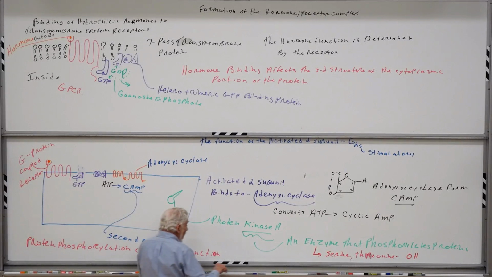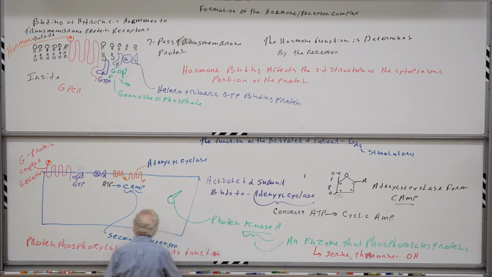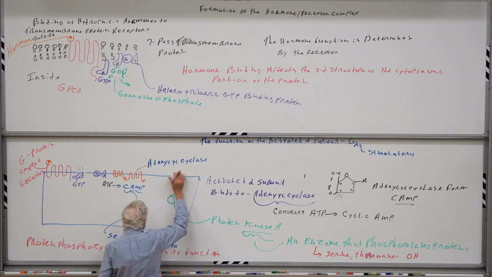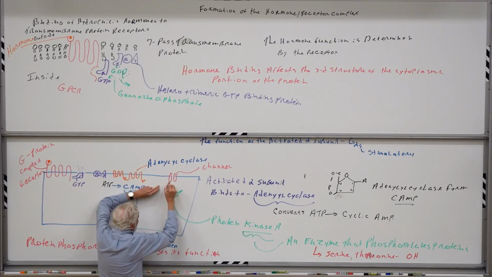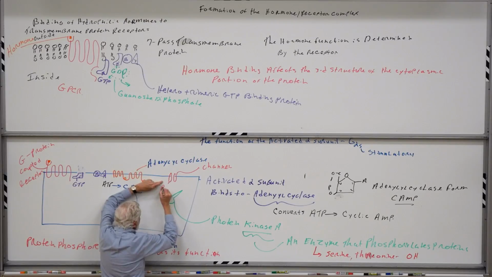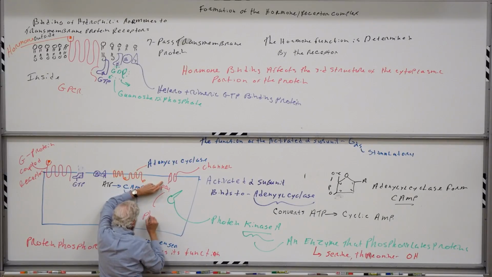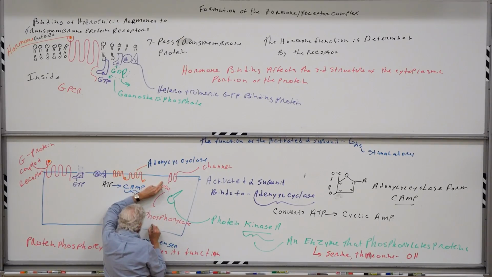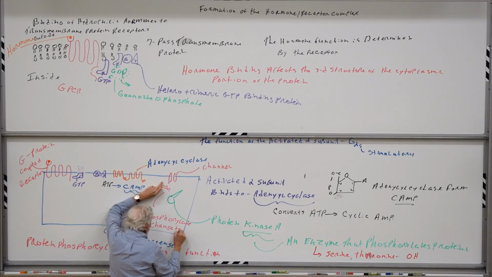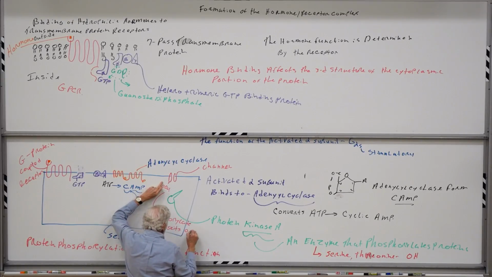One of the places we see that commonly is if there is a transmembrane protein here, which is a channel. And if we modify this with a PO4, with a phosphate, we phosphorylate it, we change its opening and closing properties.